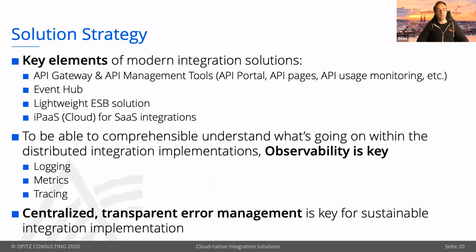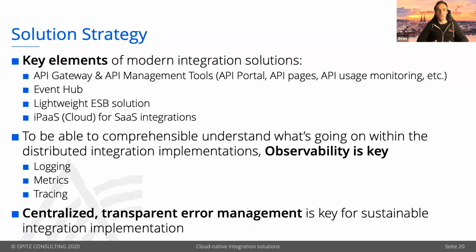So from my perspective, key elements of a solid integration strategy are an API gateway or API management solution for covering all the vertical integration challenges. We need some kind of event hub solution for dealing with horizontal integration challenges, also with IoT challenges.